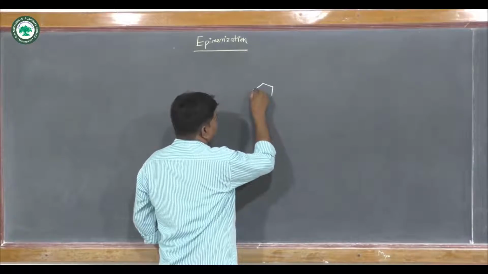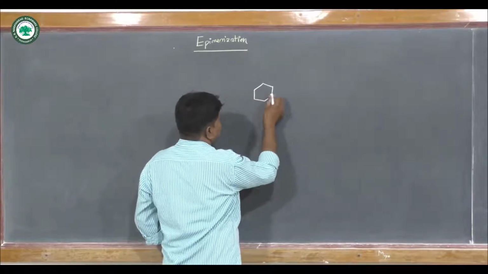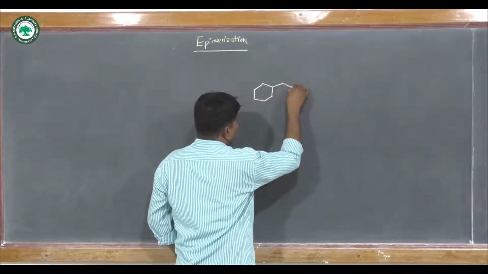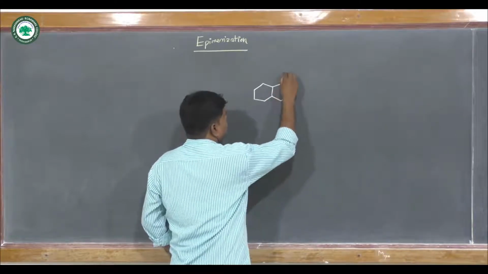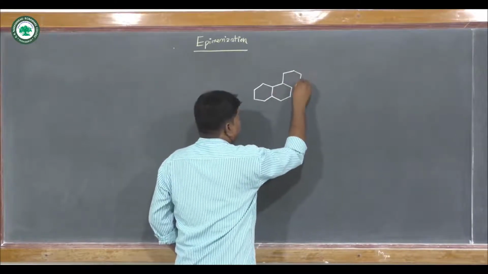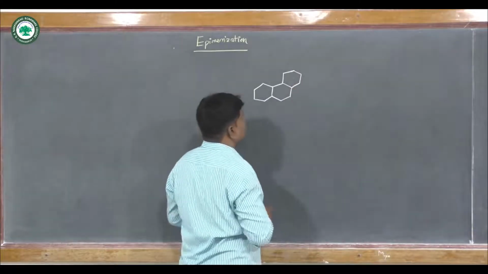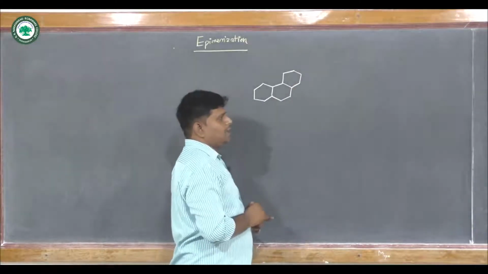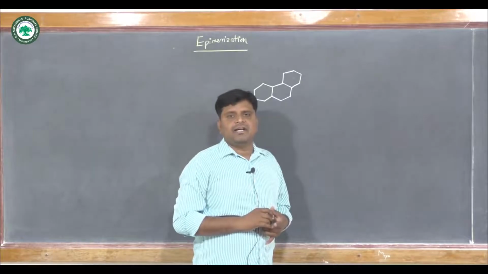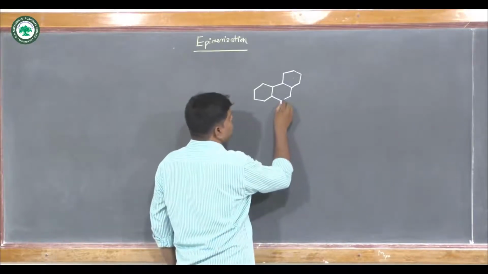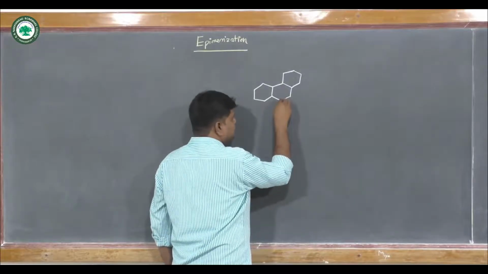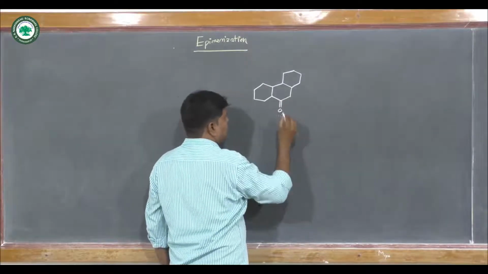Suppose this is a simple compound, an analog of perhydrophenanthrene, and here we insert a carbonyl group.